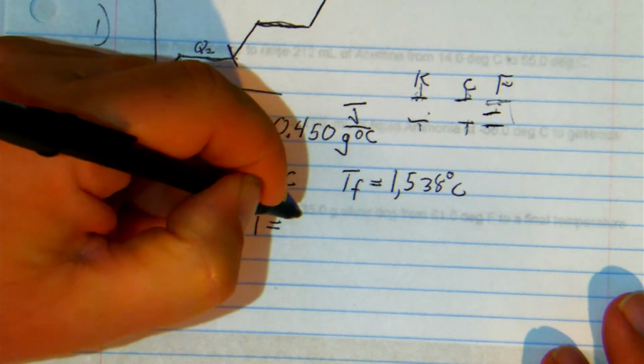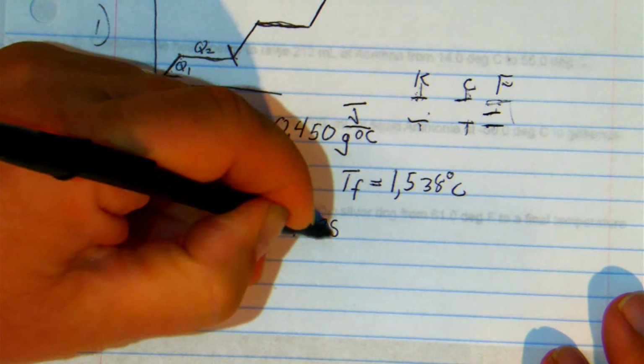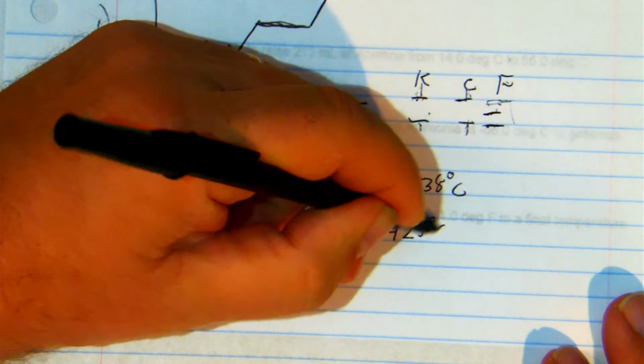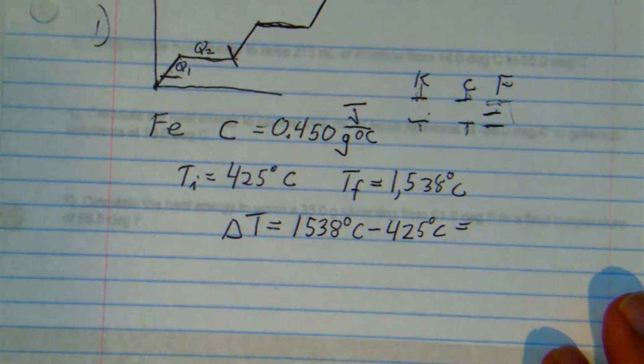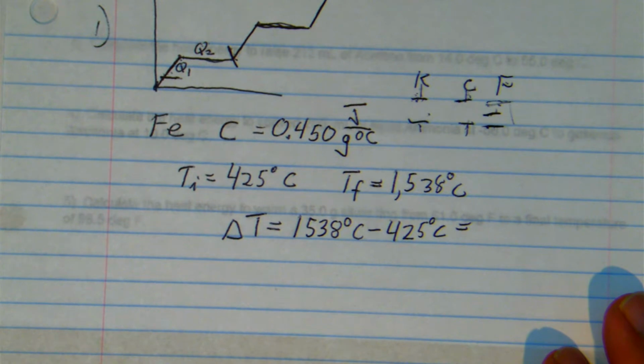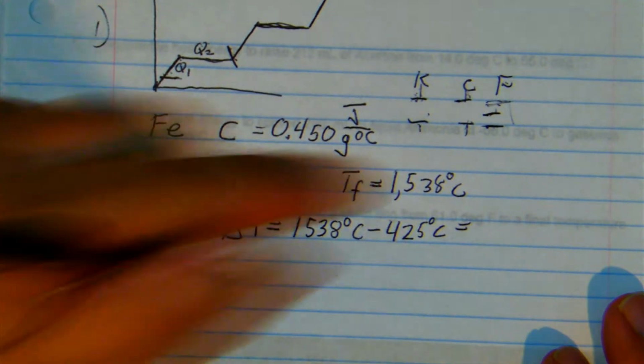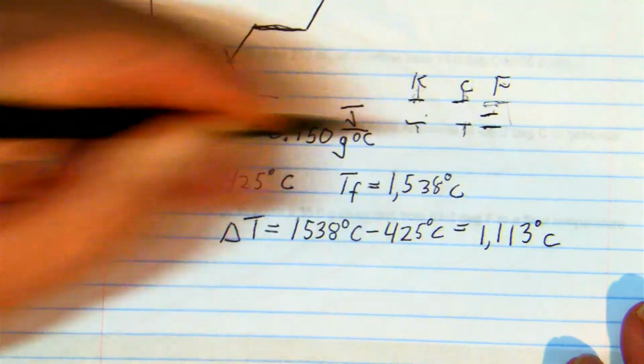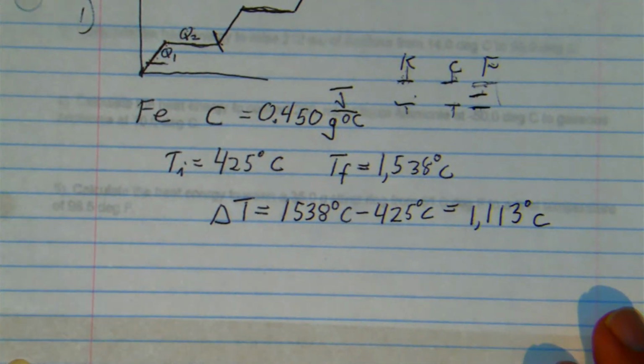So I'm going to subtract 1538 degrees minus 425 degrees C. I'm starting to get too old to do this in my head, so I'm powering up my calculator, and it says 1,113 degrees Celsius is my change in temperature.